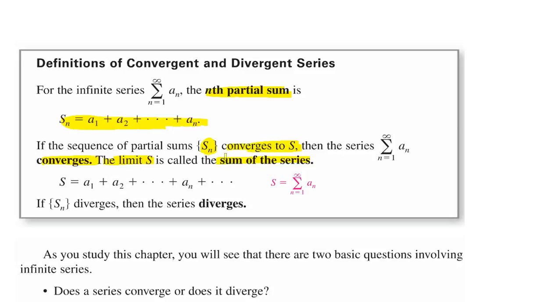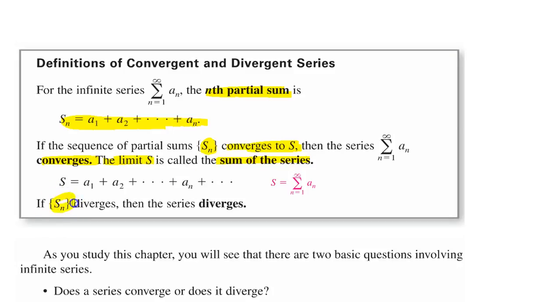Alright guys, so one of the ways to determine convergence or divergence of a series is to look at the nth partial sum. The nth partial sum is obtained by adding up the first n terms of the series. If the sequence of partial sums converges, then the series converges. The limit S is called the sum of the series.